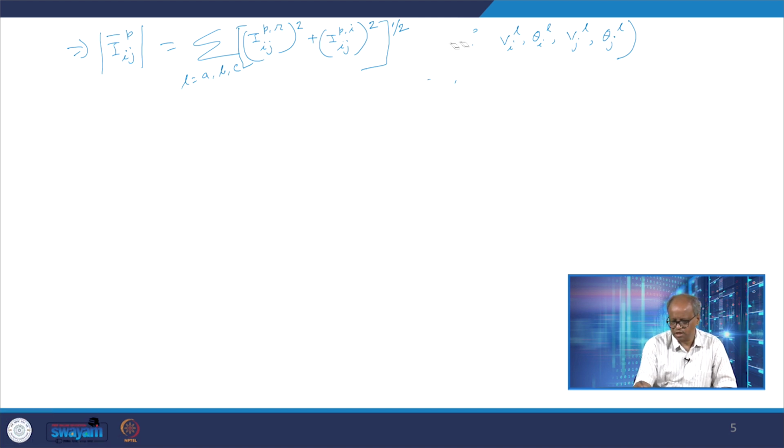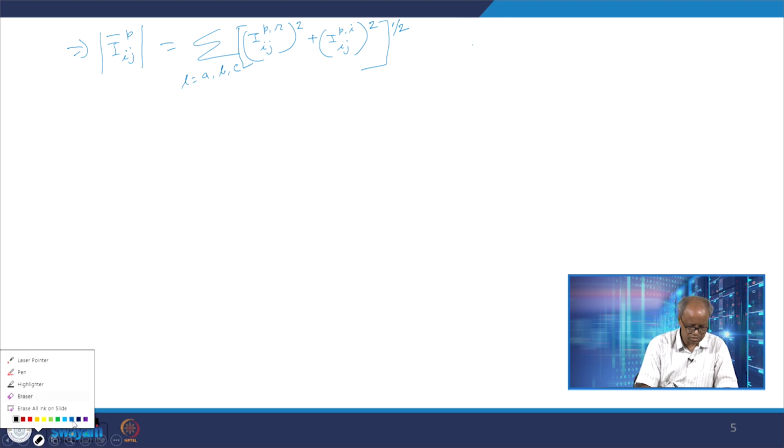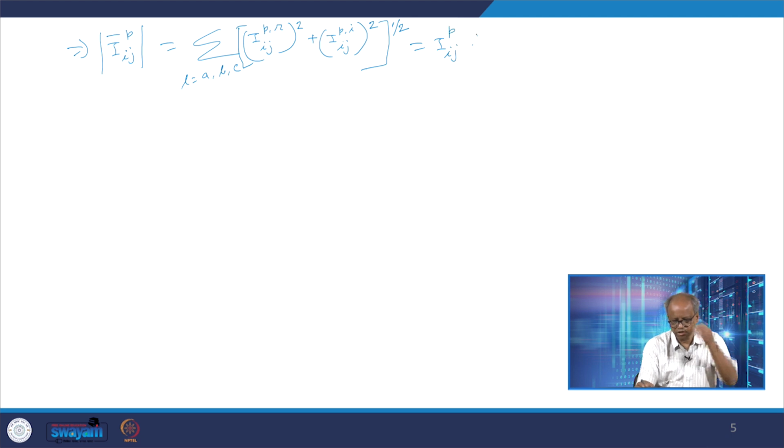So I should say that it would be a function. Please note this Iijp is now denoting the function Iijpm.